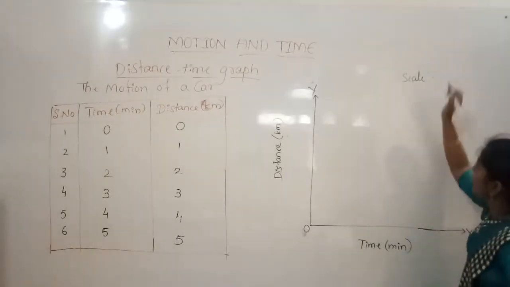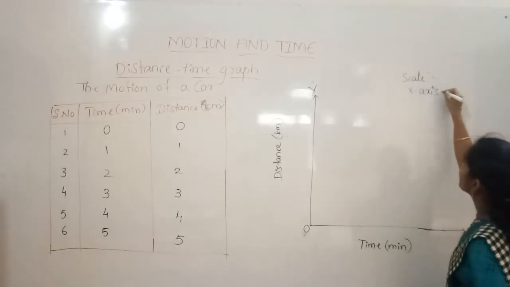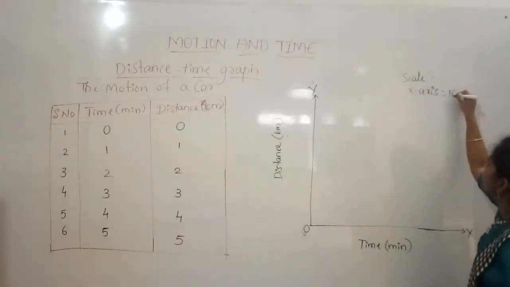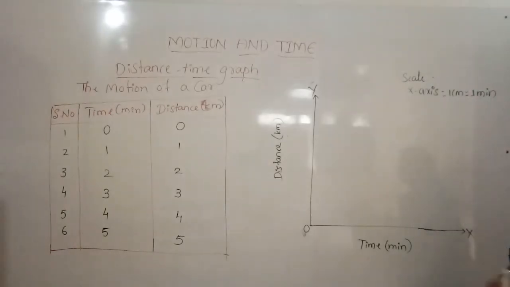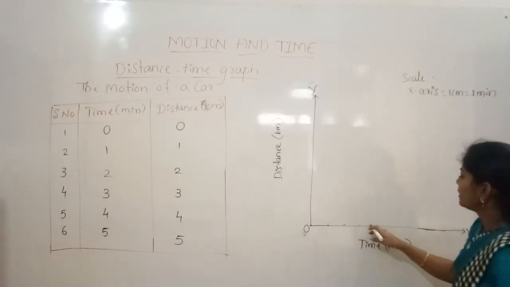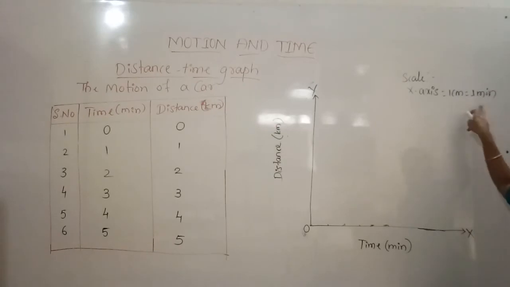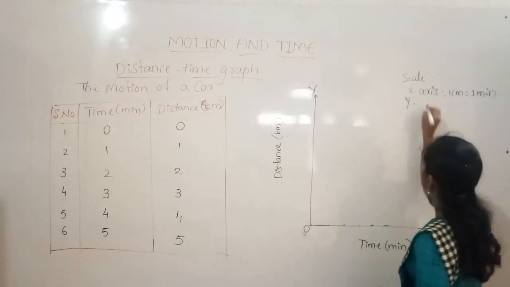Now the scale. First we can write the x-axis: 1 centimeter equal to 1 minute, which is time. And y is distance.